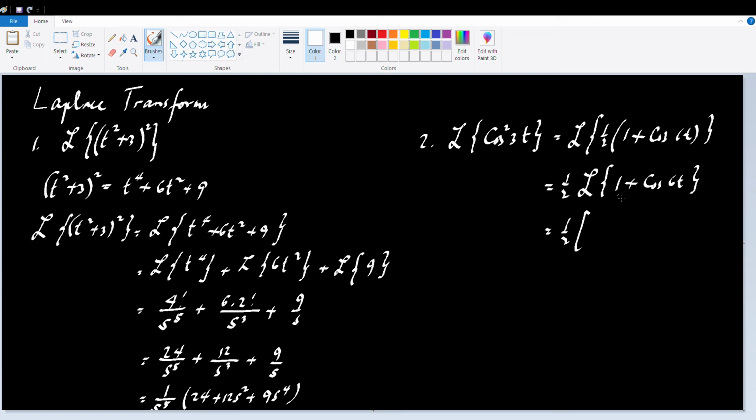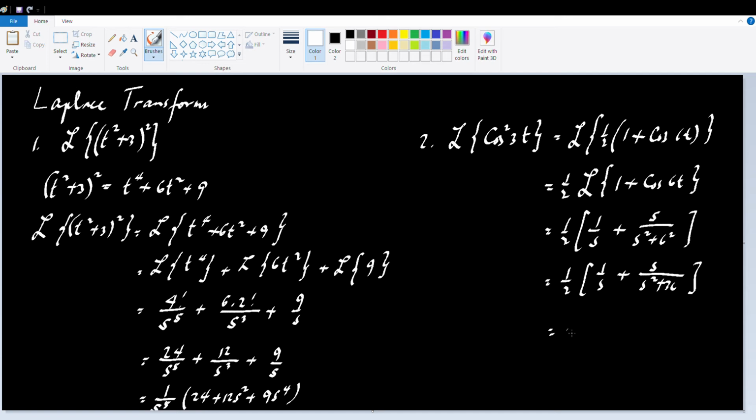The Laplace transform of 1 is 1 over s, and that of cosine 6t is s over s squared plus 6 squared.